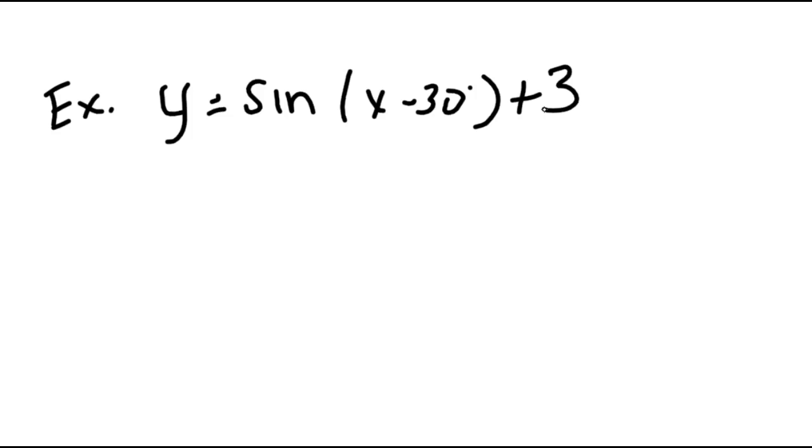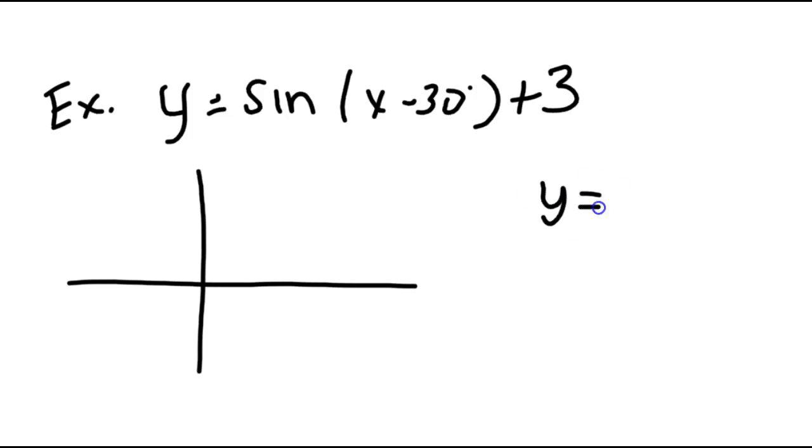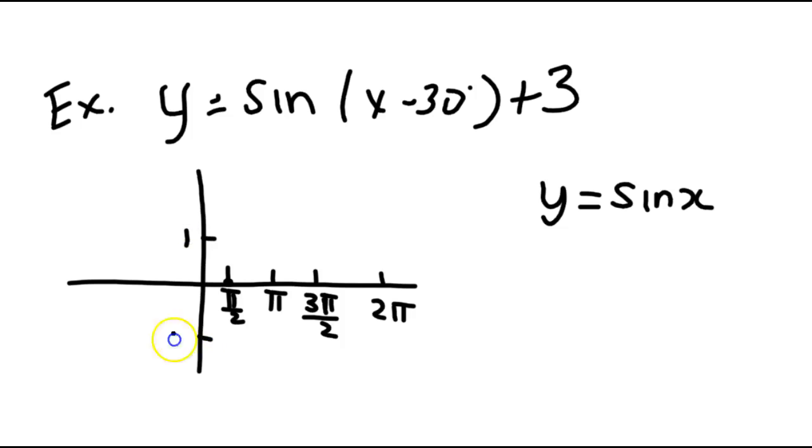Okay? So keep in mind, if I was drawing just the original, remember an original looks like this, meaning your amp is 1, your period length is 2 pi, you have 4 movements, right? So if I drew the original, it would be half pi, pi, 1.5 pi, 2 pi, and then 1 and minus 1.